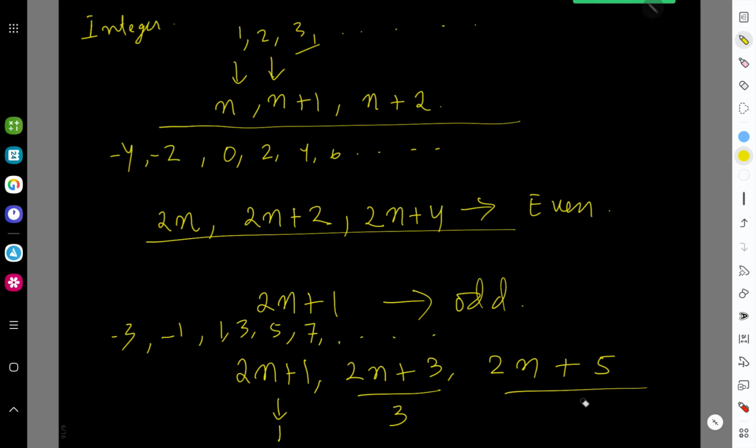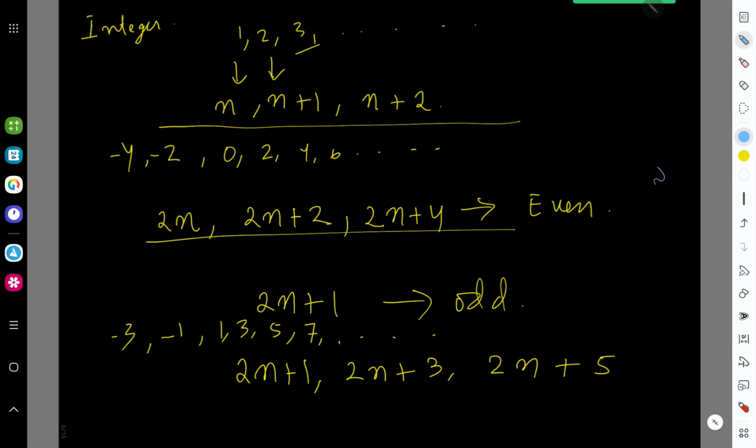How? Let me break it down for you. We know that 2n plus 1 is our 1, and the next integers would be 2n plus 3, 2n plus 5. This is a general form for odd integers.